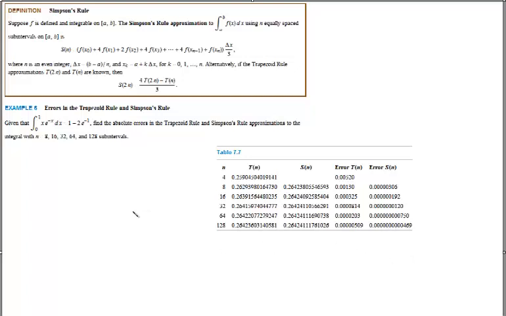I would just plug this into computer software or a calculator just as I did in the previous example, and then compute my errors for each of those different subintervals. And if you're asked to do more than just 4 or 8 subintervals, then I definitely go ahead and plug it into computer software. I'm not going to do 16 subintervals by hand.